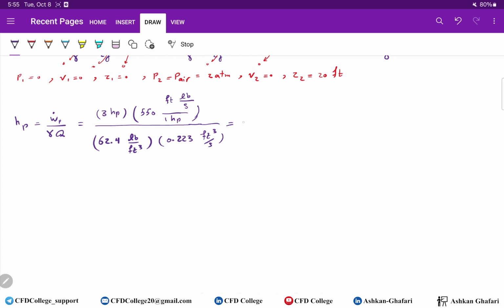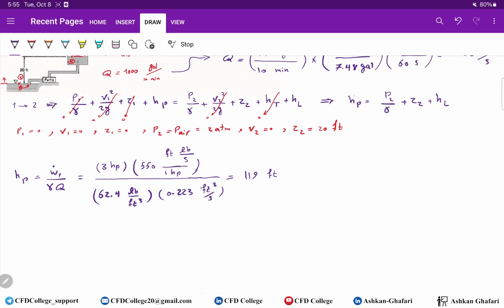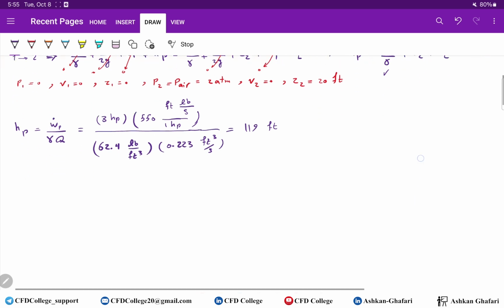So head of the pump equals 119 feet. Okay, now we have HP, P2, gamma, Z2. We can find the head loss.